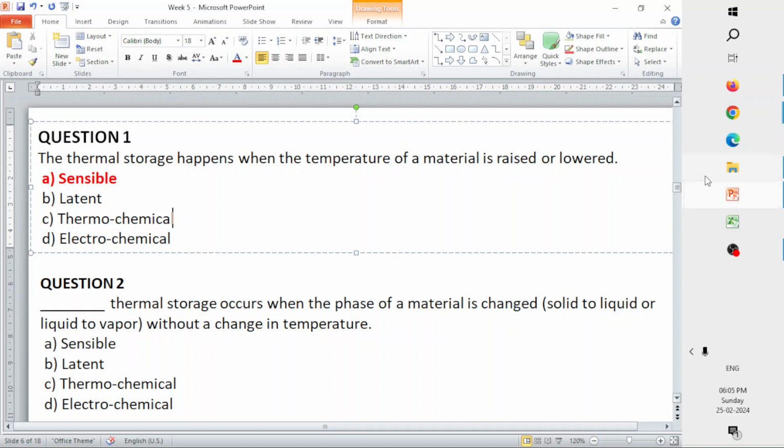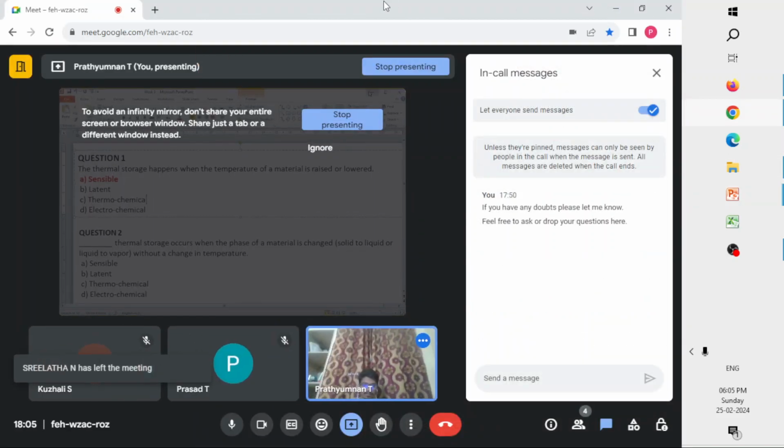Anybody? Now it would be way simpler. Anybody?